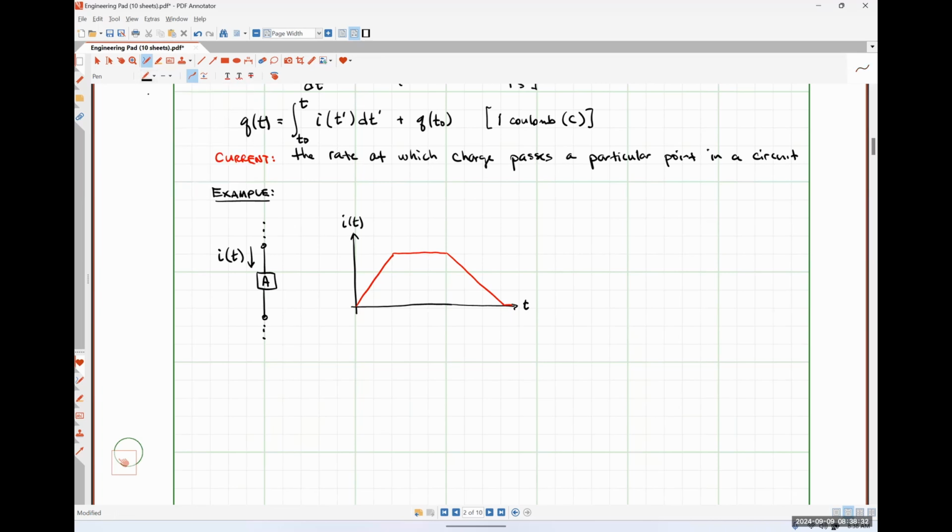Let's define some things. So let's say that the maximum value of the current is 2 amps. It goes from 0 to 2 amps in 1 second. Actually, let's make that 2 seconds since it's 2 units of time.